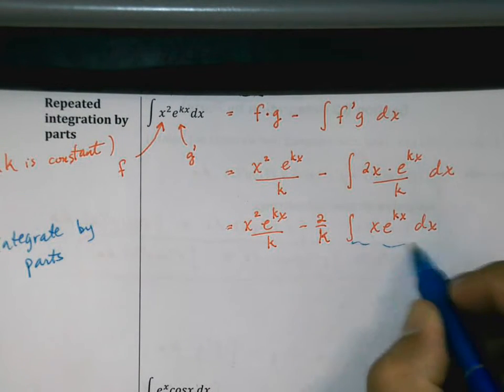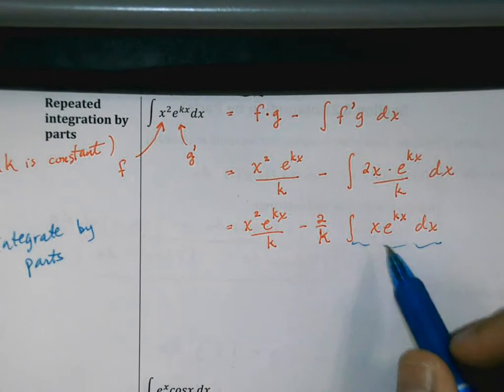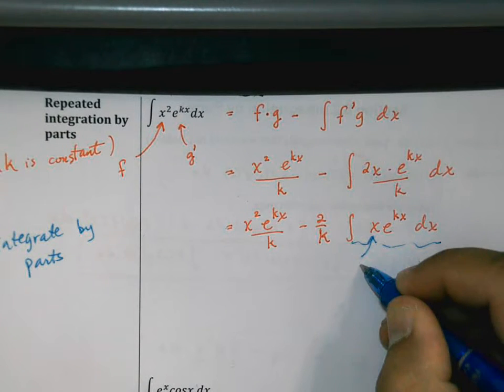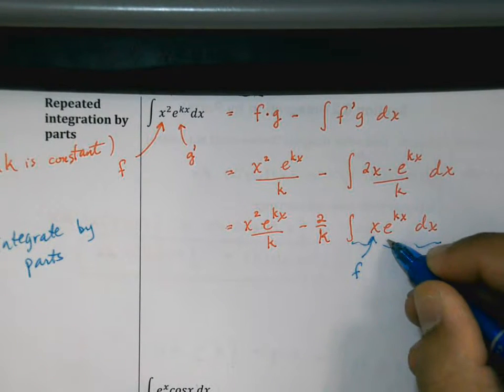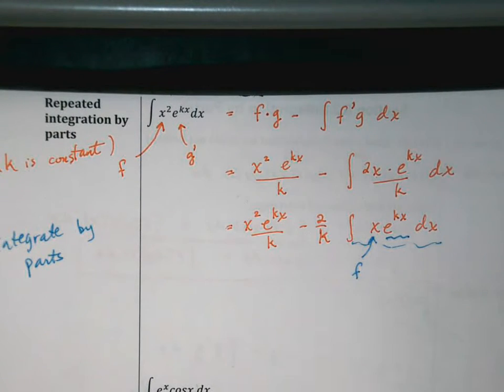This integral right here, I'm going to integrate by parts. And just as before, I'm going to choose the x variable to be my f, and the g prime to be e to the kx.